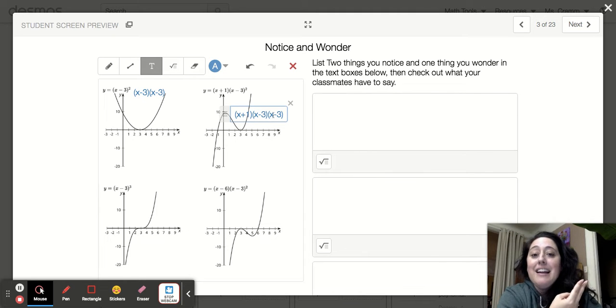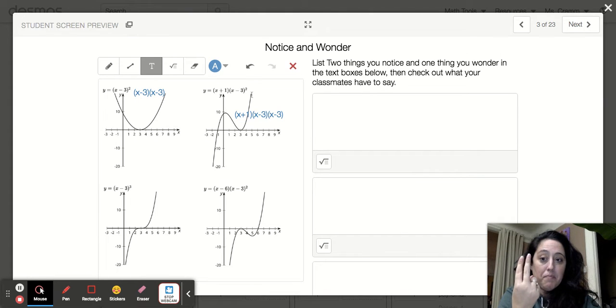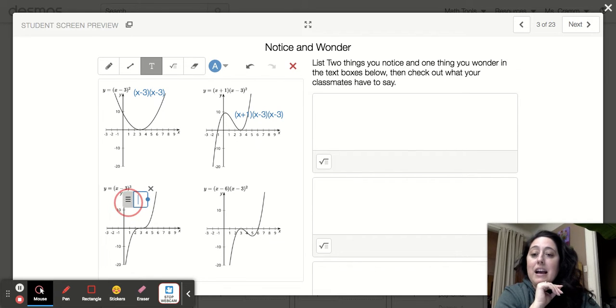And here, again, I have x minus 3. It's repeated twice. It's got a multiplicity of 2. I see x minus 3 twice. So I've got negative 1. And then as I come here, remember, an even multiplicity means I'm going to bounce and go the other direction. In this one, let's move this down here.